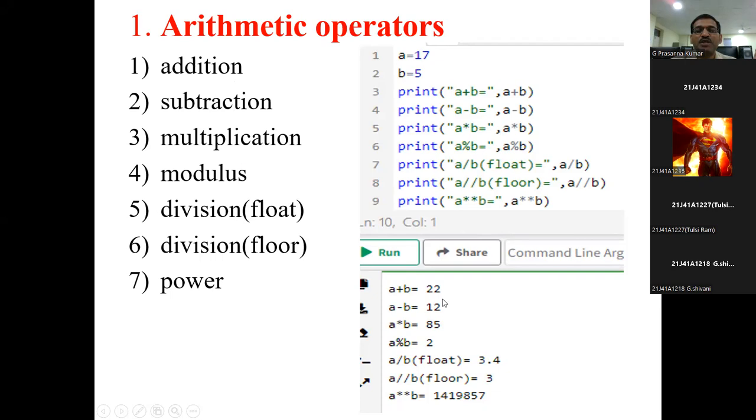For example, a equal to 17 and b equal to 5, then a plus b equal to 22, and a minus b, a star b, a modulus b, a by b, a double divided by b, a double star b. This is the output. Okay, it is about the arithmetic operation.